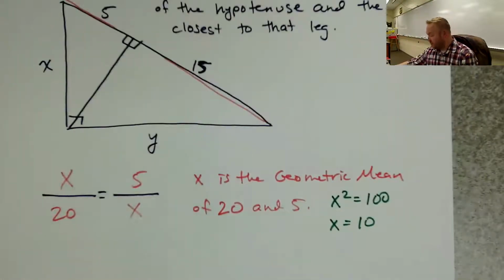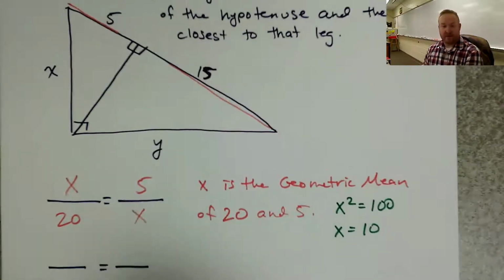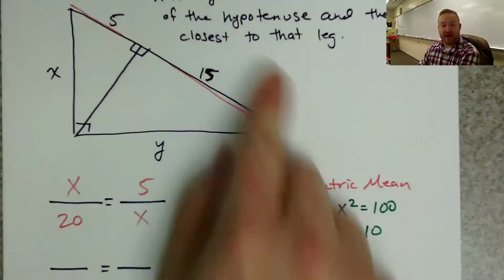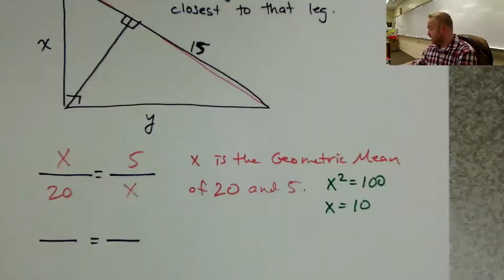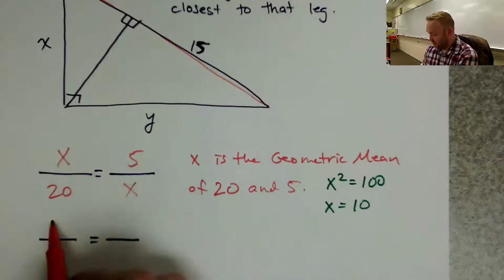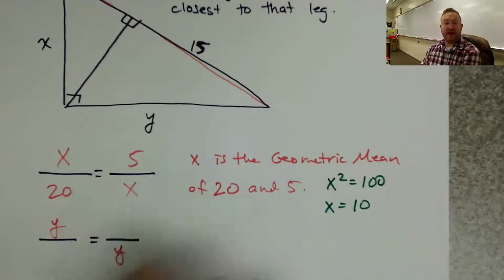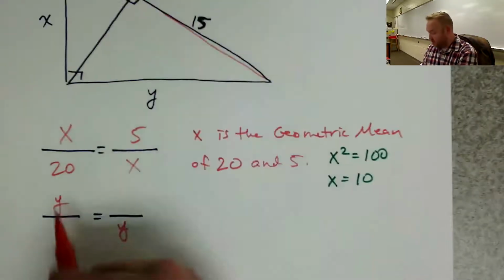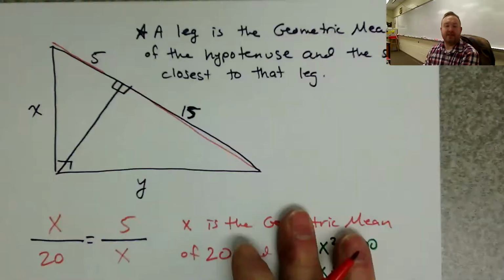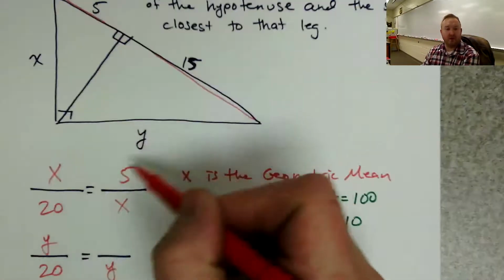Now let's do the same thing with y. I'm going to set up a proportion that uses the y. Y is also a leg of this triangle, so y is the geometric mean, and y goes diagonal from itself. The leg is the geometric mean of the hypotenuse, which is 20, and the segment closest to that leg. The leg I'm using is y.